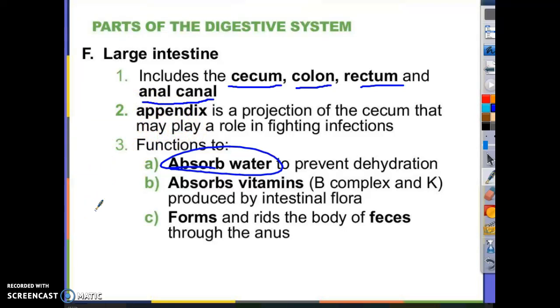People do all the time, but it actually does have a purpose. It helps fight infections, and it's also believed that it was important back when we ate more grass for producing rumen to help break down that grass. There are also some vitamins produced by the natural bacteria that live there, vitamin B and K. And then it forms your feces into the form that it's going to take as it leaves your body.